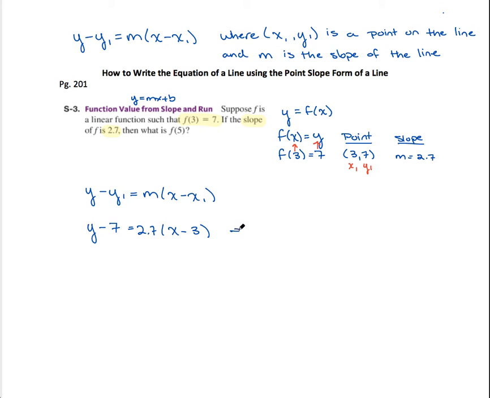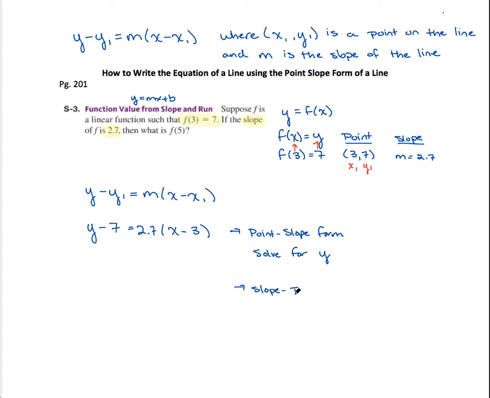So what we have right here is the point-slope form of a line. Okay, and what I'm going to do is solve this equation for y so that I can end up with an equation that's written in the form of y equals mx plus b, which is called the slope-intercept form.